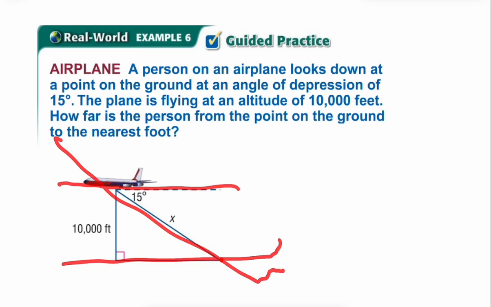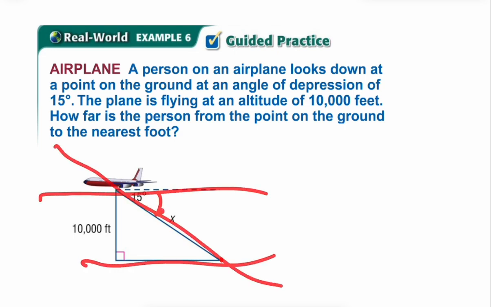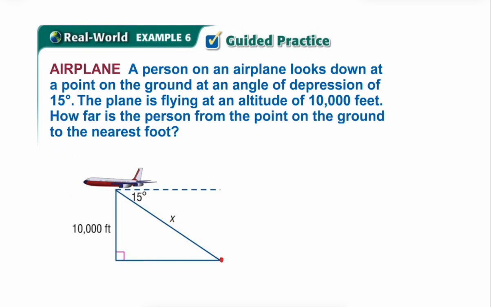Now, you learned that for a purpose. You might not have realized it, but if the alternate interior angles across the transversal are congruent, that's these two angles here. They'll always be congruent. So the 15 that's here matches the 15 down there. So let's put that 15 degrees right there, because we need it inside the triangle, right?